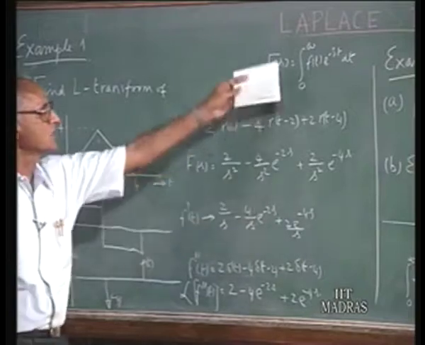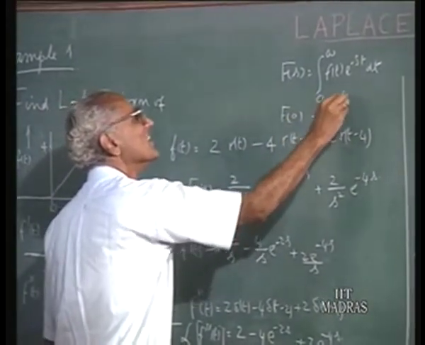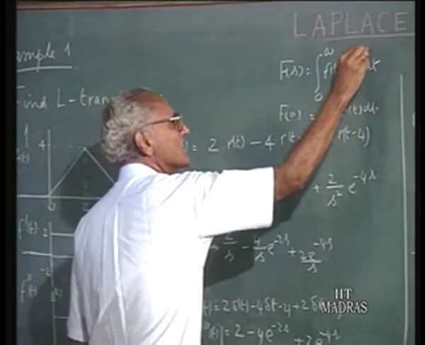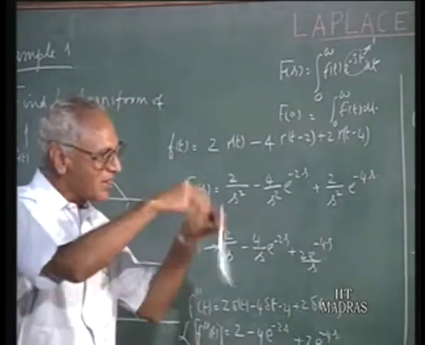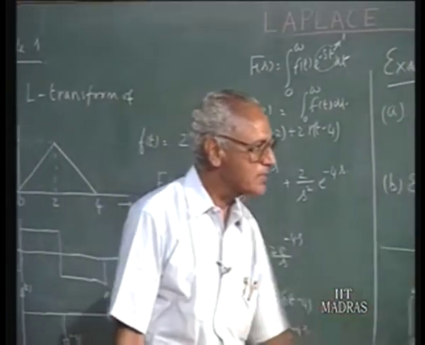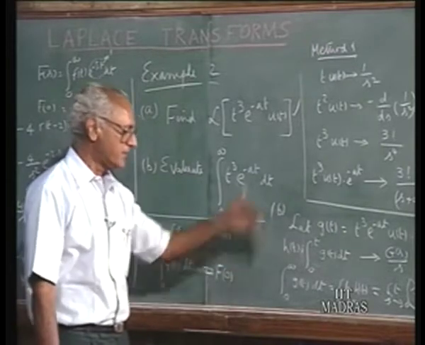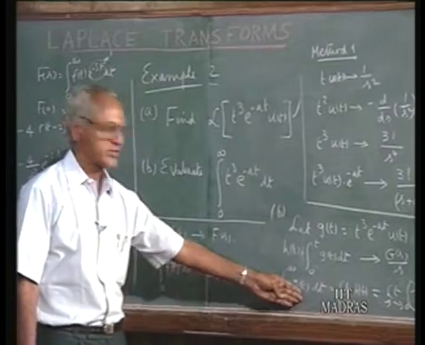When you substitute s equals 0, this becomes 1, and this is the integral from 0 to infinity of f(t) dt. And that is the same thing that we have used here. So, all these are tied up in some fashion, but what we wanted to do here is to illustrate the rule for integration, and also the application of the final value theorem in working out the solution.